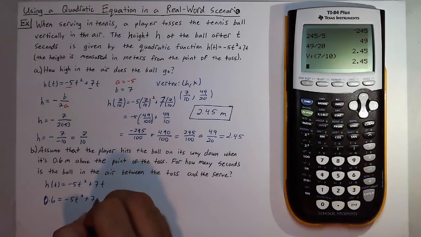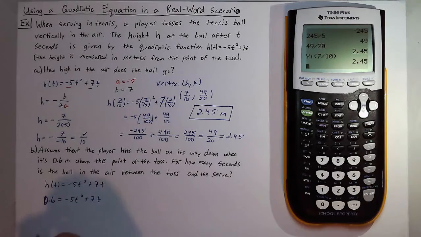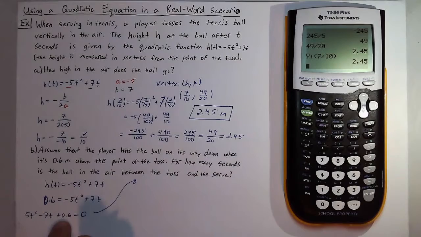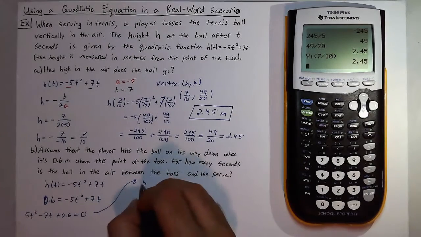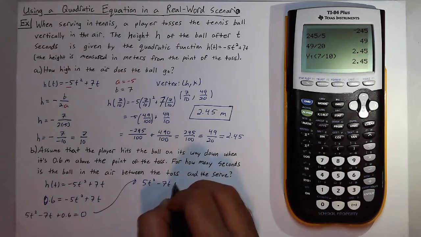Now this could be a difficult equation to solve. If I were to move everything to the left, I can get 5t squared minus 7t plus 0.6 is equal to 0, which if I change 0.6 to a fraction, that's 3/5. So I can get 5t squared minus 7t plus 3/5.